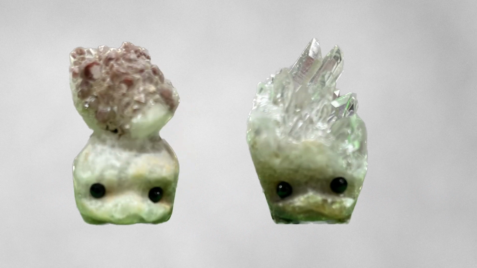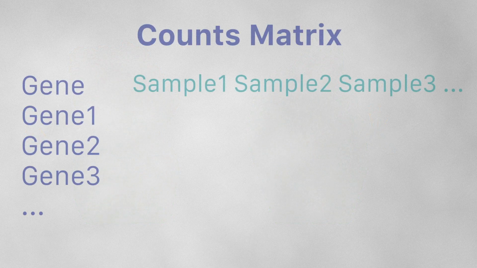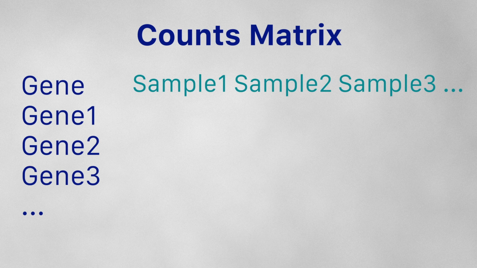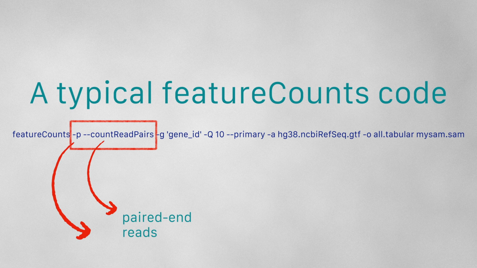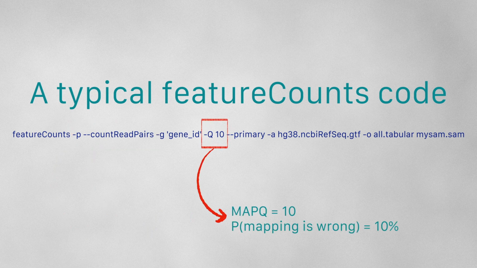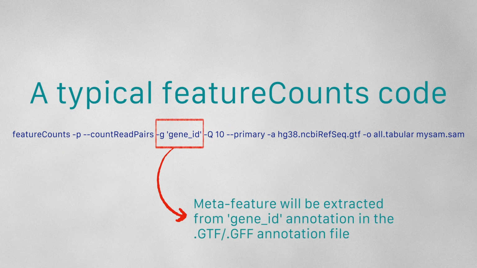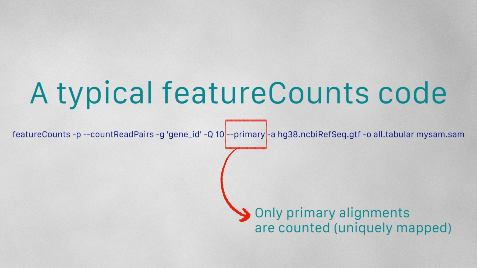Going back to our example for Popo and Chichi, we can therefore generate a table containing the counts of all the aligned reads based on our selected mapping quality, gene feature level, and handling of multi-mapping reads.